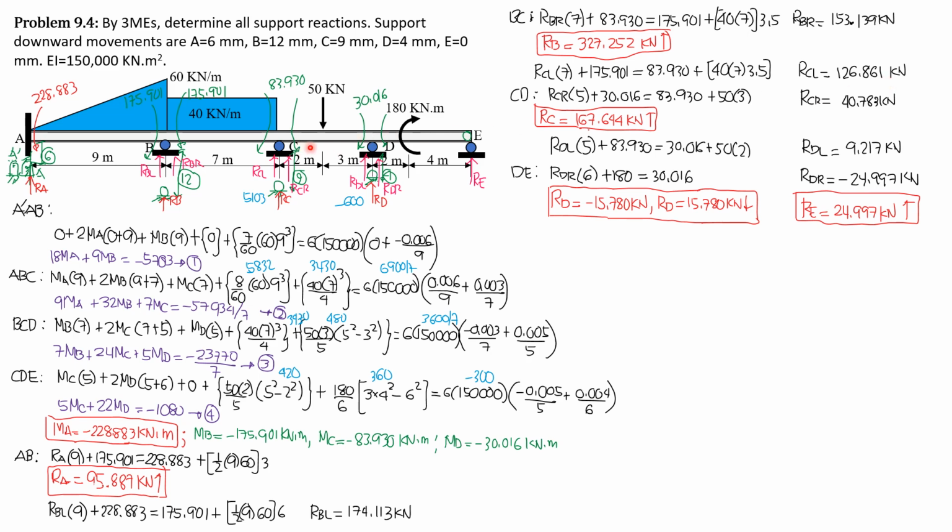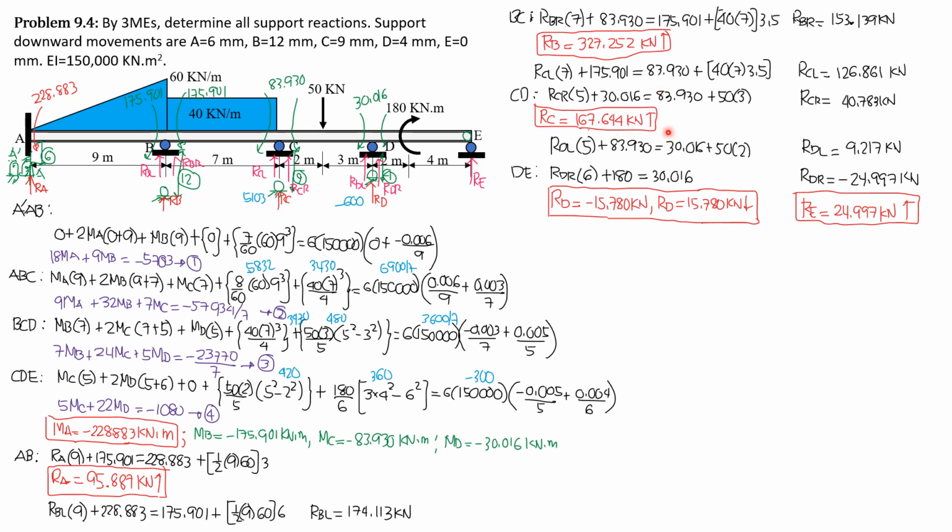Then we consider CD, summation moment D equals 0, RC right times 5 plus 30.016 equals 83.93 plus 50 times 3. So RC right is 40.783 kilonewtons. We can now compute R sub C, the sum of RC left and RC right, so 167.644 kilonewtons upward.